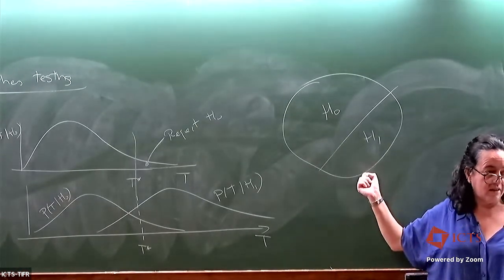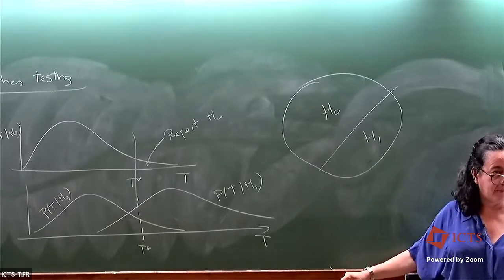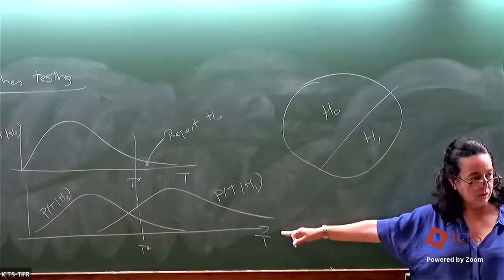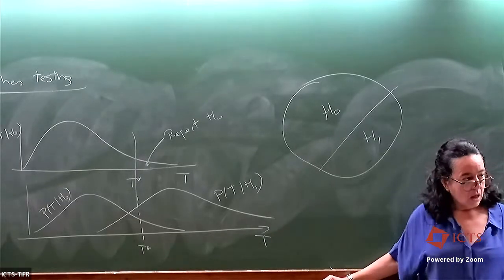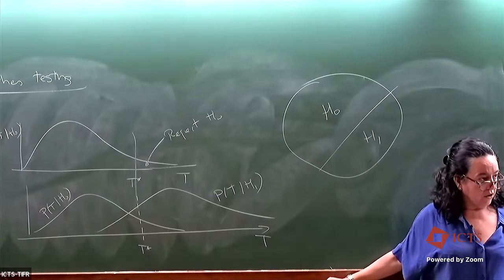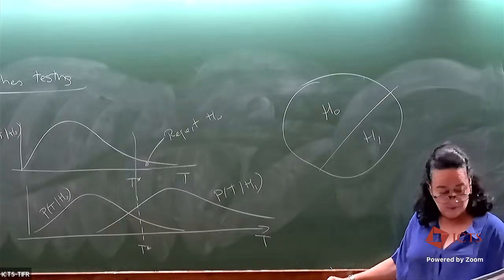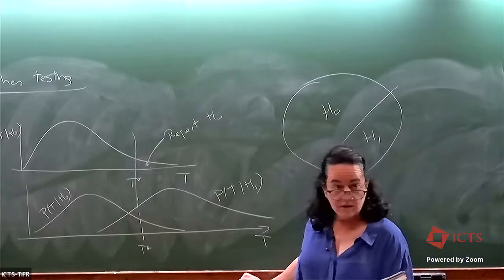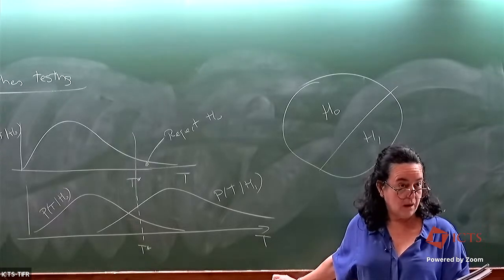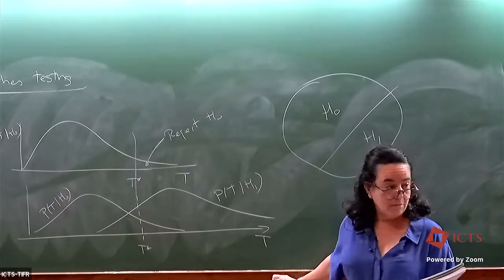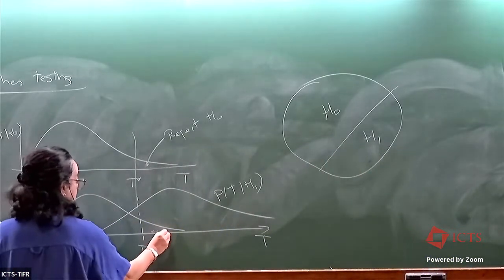If it lies here, non-null hypothesis, signal present, signal absent. I think it's much easier to understand in this way, because there are many errors that I can now characterize. It could be that actually there is just noise in my data, but my outcome might have fallen somewhere here.